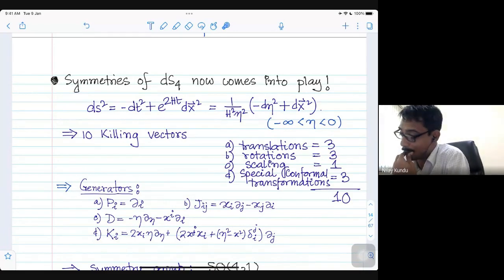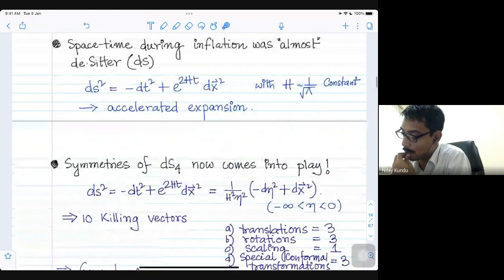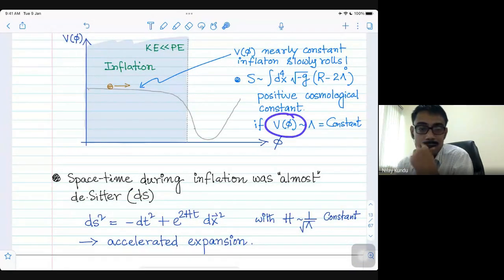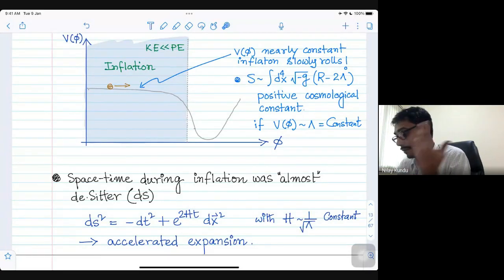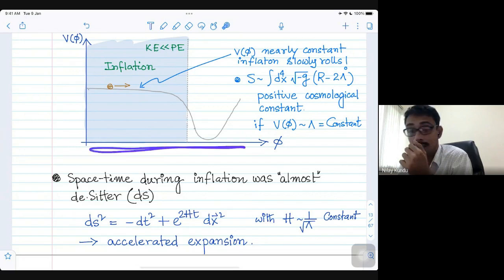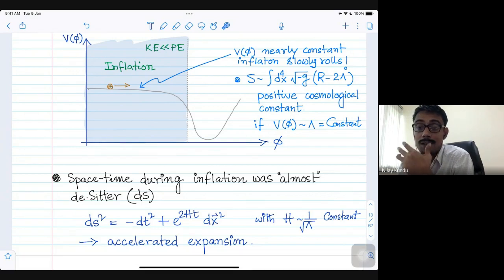Because otherwise what we would have to do is to assume different models of this potential. We can calculate things with a given model, but if we can understand the symmetries that were present during this inflation, then we probably do not have to. Doing it model by model is an open-ended problem. I mean, it will never end.